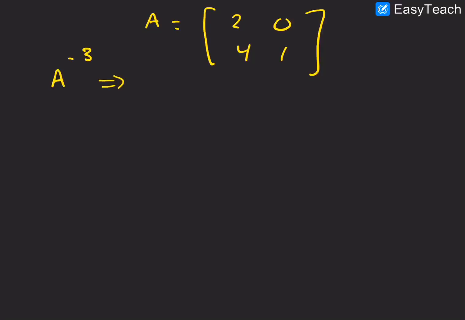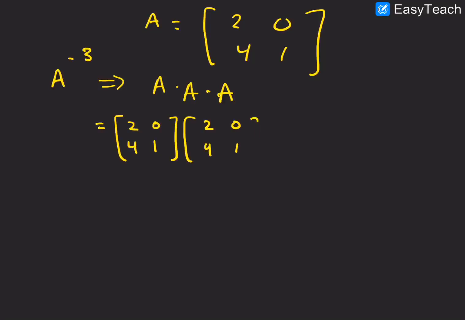Well, let's first look for A times A times A. Right? And then we can find an inverse of A cubed. Okay. Let's try that. So we have to multiply. Good thing this is only a 2 by 2, but still a long process.